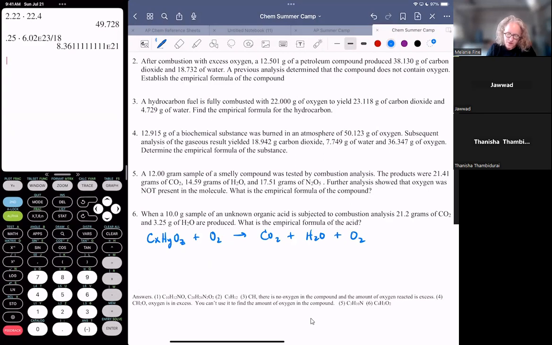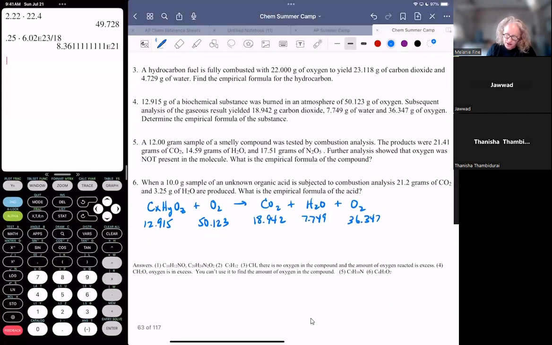Okay, so we know this is 36.347. That's pure oxygen. This is 7.749, and this is 18.942. In my head, what I'm thinking before they gave us all these numbers is, first of all, the masses before have to equal the masses after, which I assume they do.